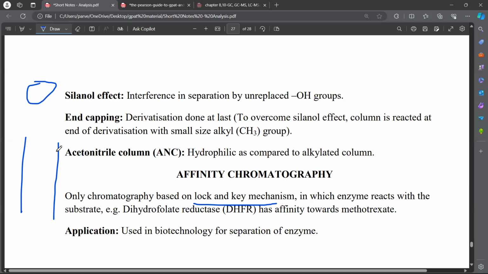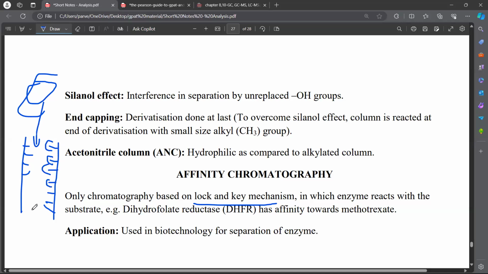So what will I do? I choose the specific substrate for which the enzyme has affinity. That substrate I will coat on this column. Then I will add the sample in a buffer and pass it through this column. So the enzyme which has the affinity for this substrate will bind to the substrate.